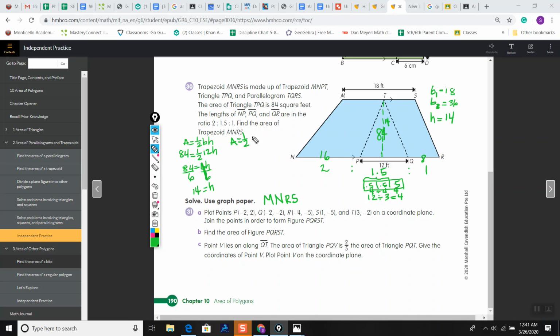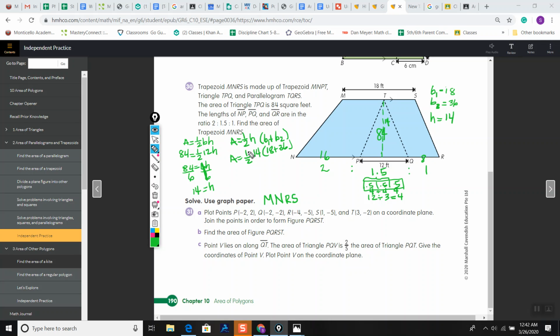Area is 1/2 of the height multiplied by base 1 plus base 2. So base 1 is 18, base 2 is 36, my height is 14.